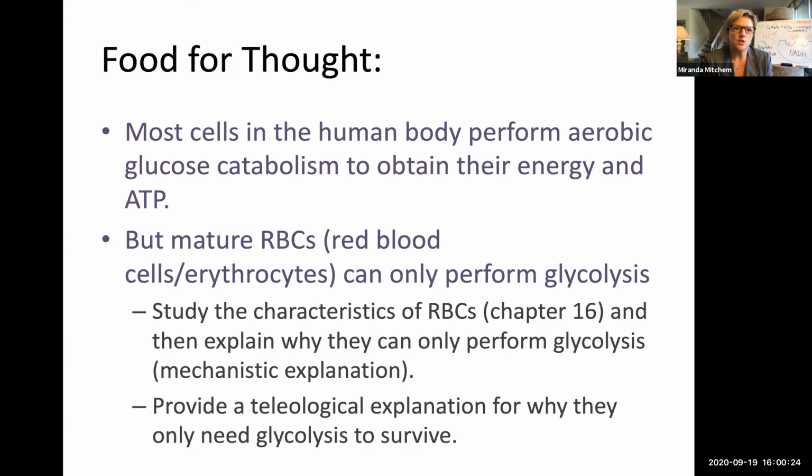So I'm going to incorporate this into the discussion topic for week 5, as to why you think there's a benefit for using glycolysis for our red blood cells, and also relating the structure of the red blood cell to this purpose. If you want to jump ahead and read about it, you would go to chapter 16. But I think you can probably just think about structure and function and perhaps come up with your own hypothesis on this.